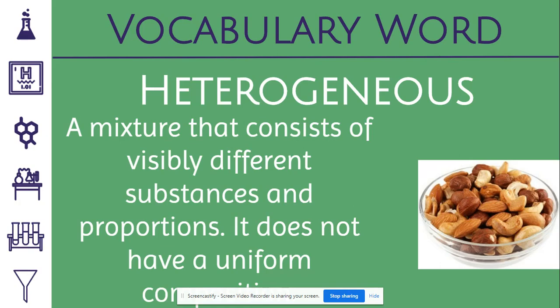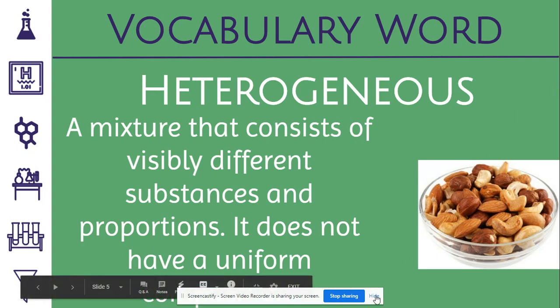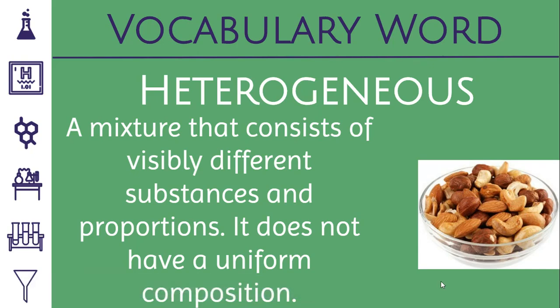And of course, our next word is going to be heterogeneous, which is a mixture that consists of visibly different substances and proportions. It does not have a uniform composition. So what that means is, if we think back to the video that I had in our lesson the other day, trail mix is an example of a heterogeneous mixture.